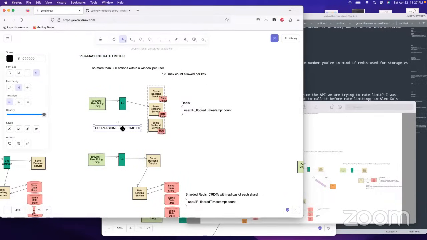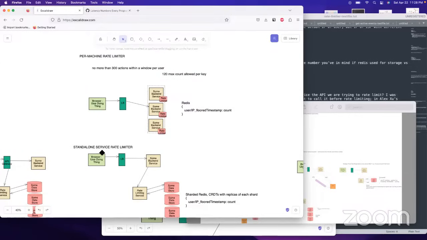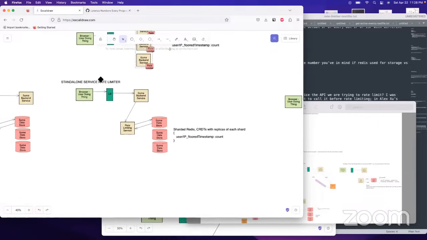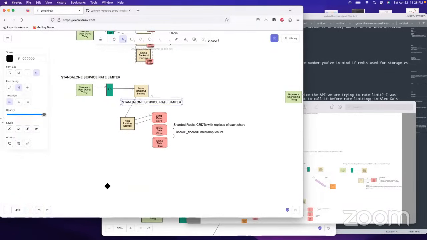And then on this row, we have the standalone service rate limiter. Oops. I want that to be in all caps. So this row is standalone service rate limiter. And now we're going to have client-specific budget and a standalone service rate limiter.